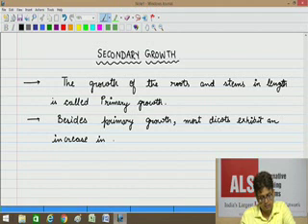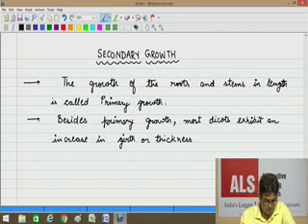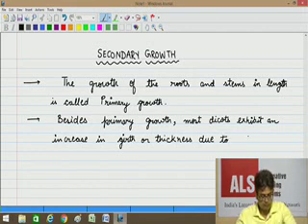Increase in girth or thickness is due to secondary growth.